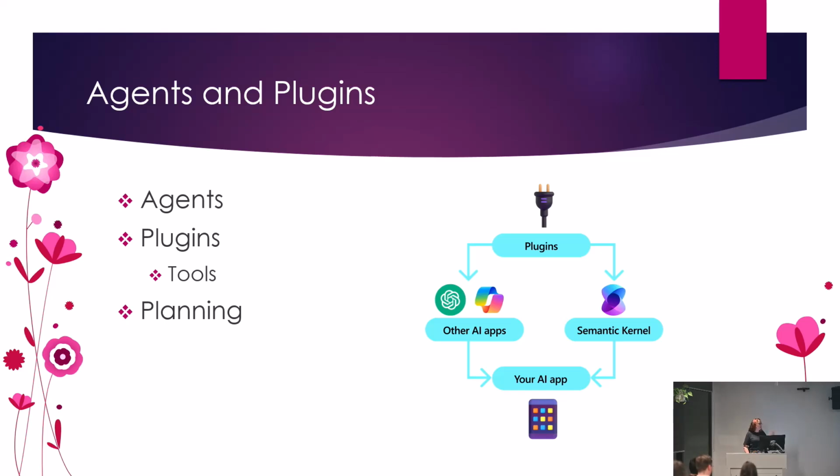So the term plugins, when we're talking about the semantic kernel, and I think just in the AI world in general, plugins are things that you plug into semantic kernel, for example, to do those actions that you want it to do as an agent. And then we've got planning. There was a term that some of you might have heard in the past, which is planners.